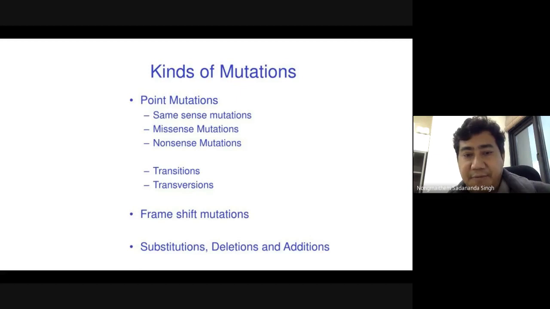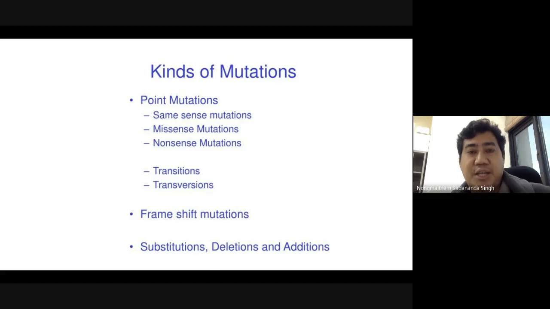Then, when we discussed earlier in the DNA repair classes, we saw that there are repair mechanisms which are very much error prone, and that can give rise to the addition of nucleotides or the removal of nucleotides at the repaired positions.